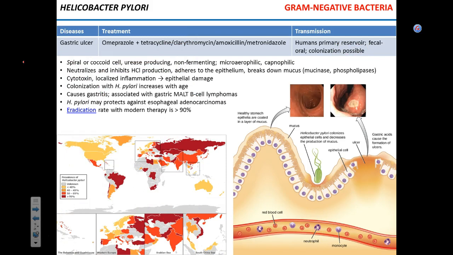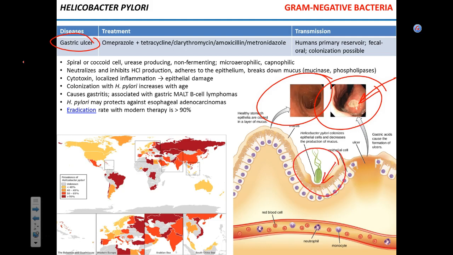H. pylori is the gram-negative microorganism that causes gastric ulcer. You've heard about it, I guess. This is a normal stomach. This is the stomach with an ulcer. When this microorganism enters the acidic environment of the stomach, it neutralizes acid and liquefies the mucus.